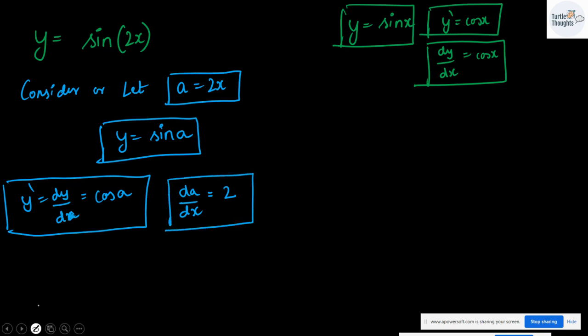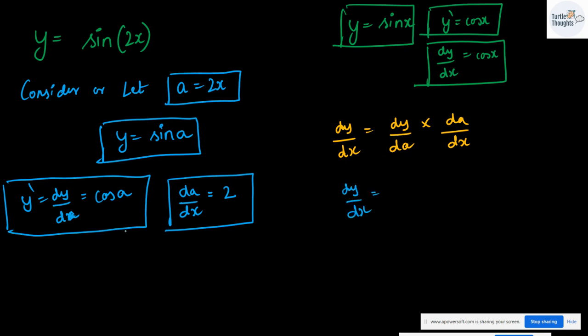From the chain rule, I can write dy by dx is going to be dy by dA multiplied by dA divided by dx. Upon substituting, dy by dx is going to be dy by dA, which is cos a, multiplied by dA by dx, which is equal to 2.